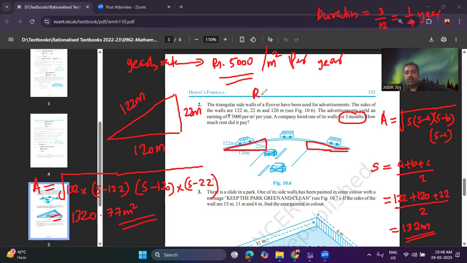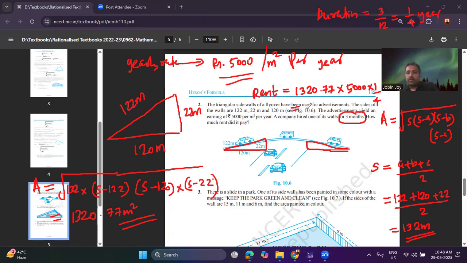So how will you calculate the rent? The rent will be equal to the area, 1320.77, which is the total area of this triangular wall, into the cost. Rupees 5,000 is the yearly cost, but this is only for 1 by 4 year, not for the full year. So into 1 by 4. If this were a full year, I would multiply by 1, but this is only for 3 months.